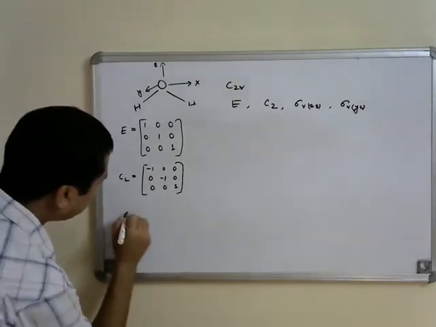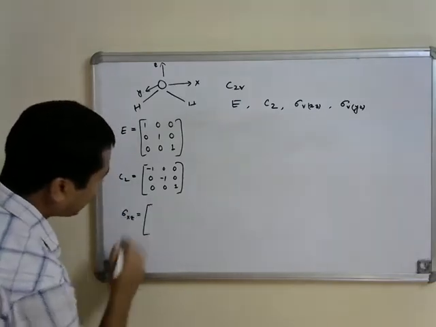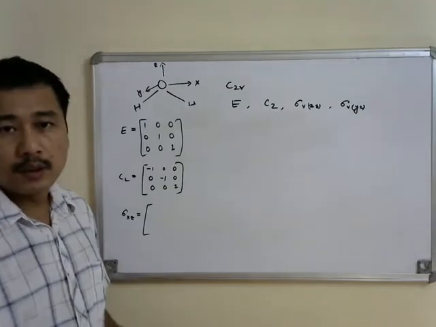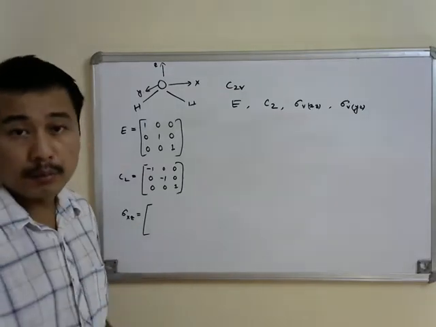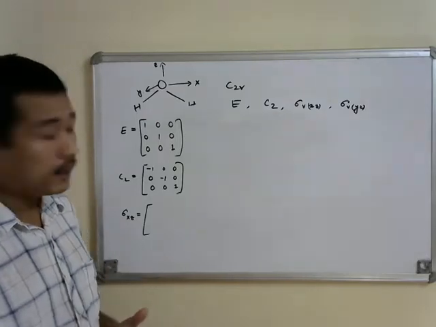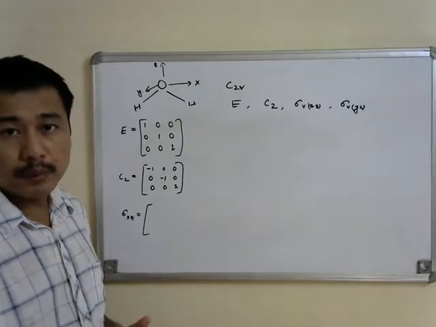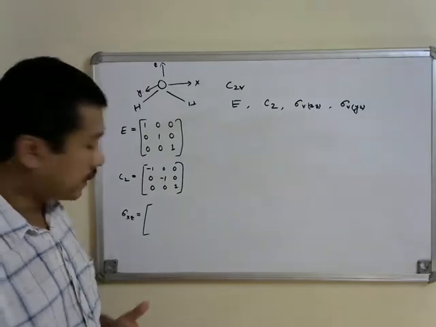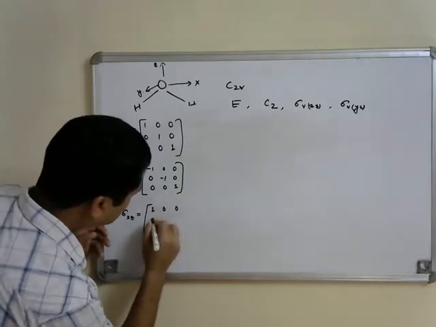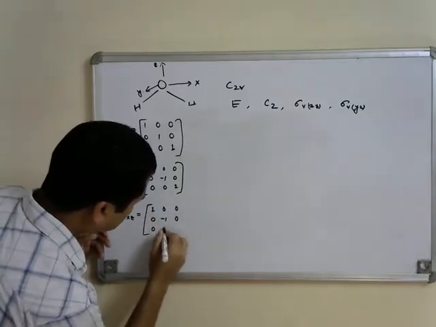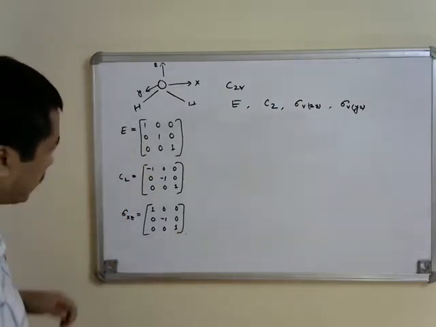Now sigma v xz, if we do that, then x and z coordinates do not change, or px and pz orbitals will not change orientation, but the py orbital will; the sign on the p orbital, or symmetry of the py orbital, is going to change, and that is why we are going to write the matrix representation for sigma v xz as this one.